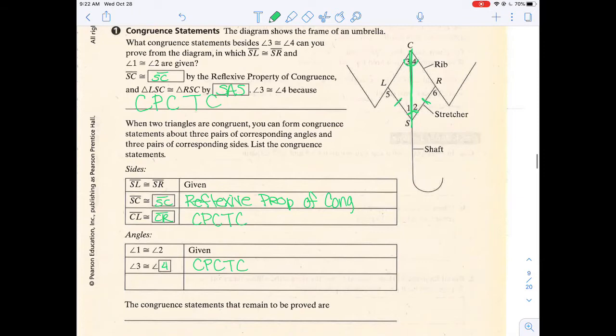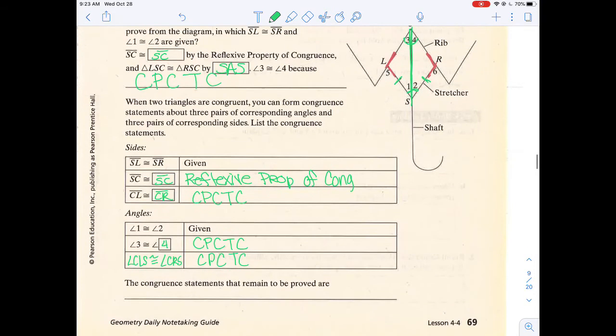Then we also have this angle here, CLS and CRS. Those angles are also congruent because we proved the triangles are congruent. So angle CLS is congruent to angle CRS by the same CPCTC.